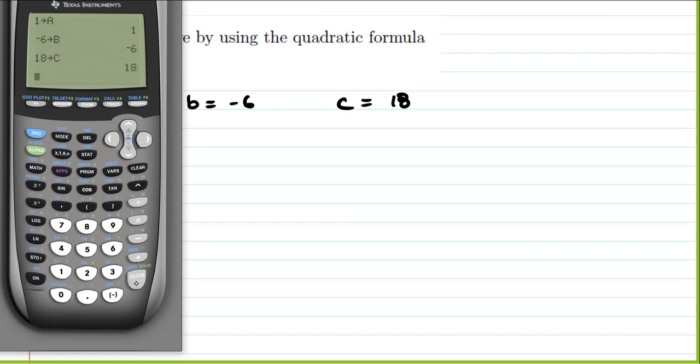So now I have this, and if you have a color version, remember you can just make your fraction bar and type in the quadratic formula directly. If not, you have to do it the long way because you may get complex numbers. So then our quadratic formula is negative b, and then I go plus the square root of b squared minus 4 times a times c, close my parentheses, divided by parentheses 2 times a.